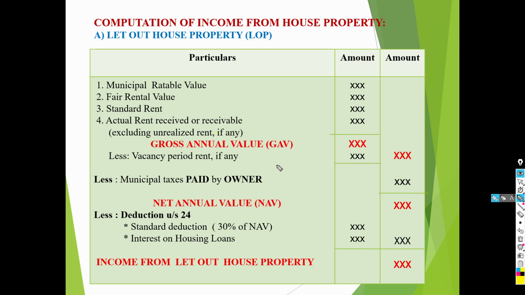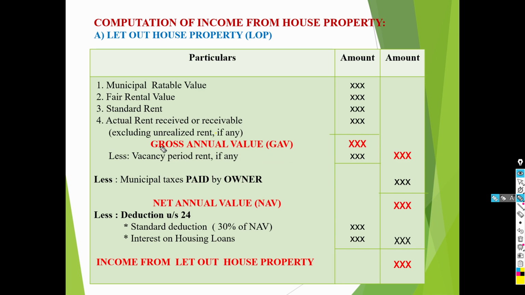Now for that purpose, one simple trick you have to remember. What is that trick? See here. When gross annual value, that is GAV, is equal to annual rent, at that time you have to deduct the vacancy period rent.